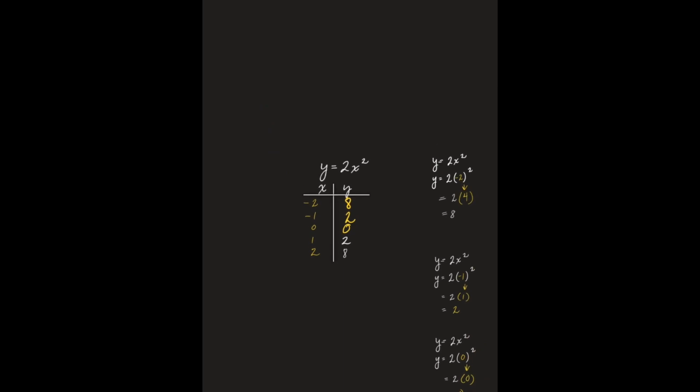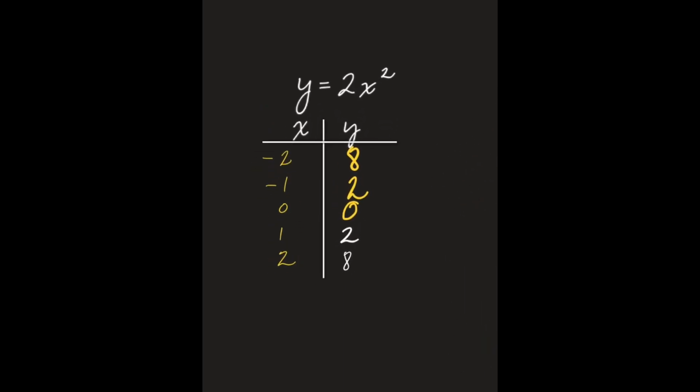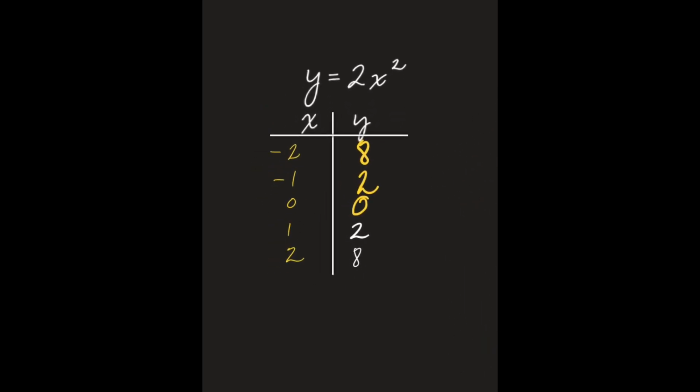So on this table, when I input a -2, my output is +8. Input -1, output +2. Input 0, output 0. Input 1, output is 2. Input 2, output is 8.